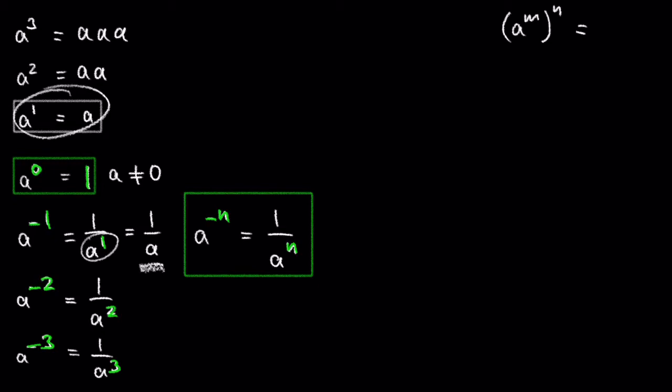Let's look at the law for exponents, which tells us how we can take a number raised to a power and then raise that to a power. We see a to the power of m in parentheses, which is then raised to a power of n. The exponent rule for this kind of problem tells us that we can simplify that by keeping the base and multiplying the exponents together.